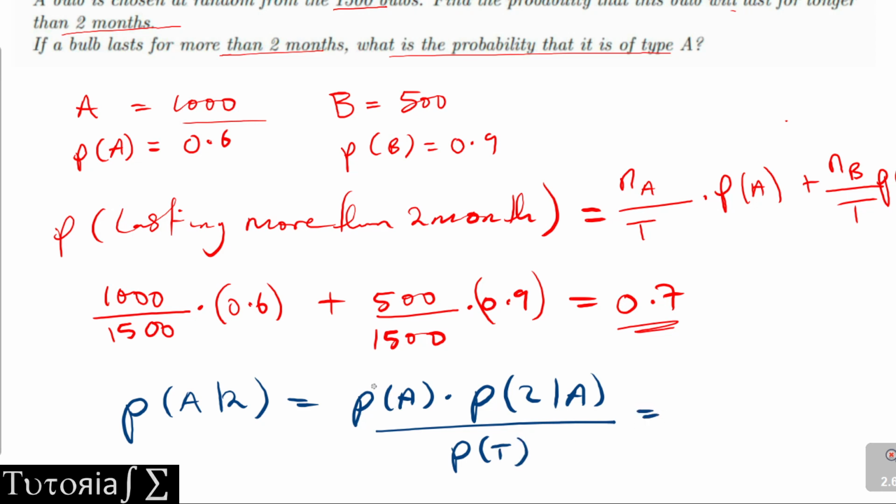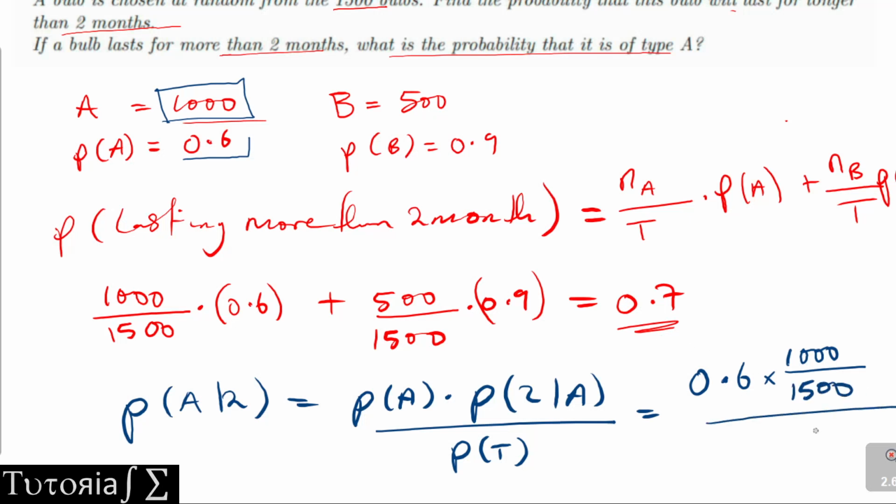The probability of A is 0.6, so that will be 0.6 times the probability of 2 months given A, which is the number of A over the total number, 1,000 over 1,500, then divided by the total probability, which is 0.7.